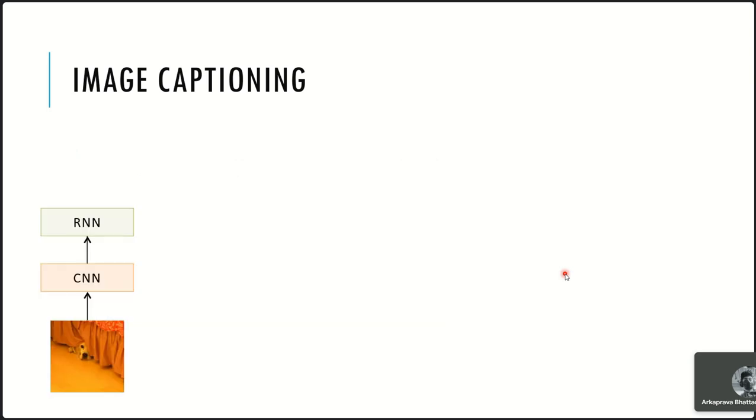For image captioning, the first and foremost thing is, as we mentioned, we require an image. That image is processed or trained, or the objects in that image are identified using CNN.